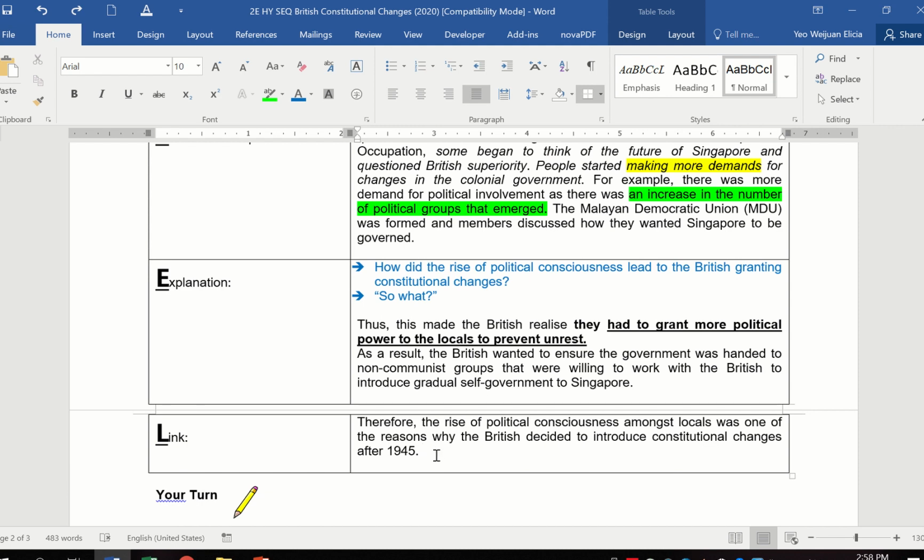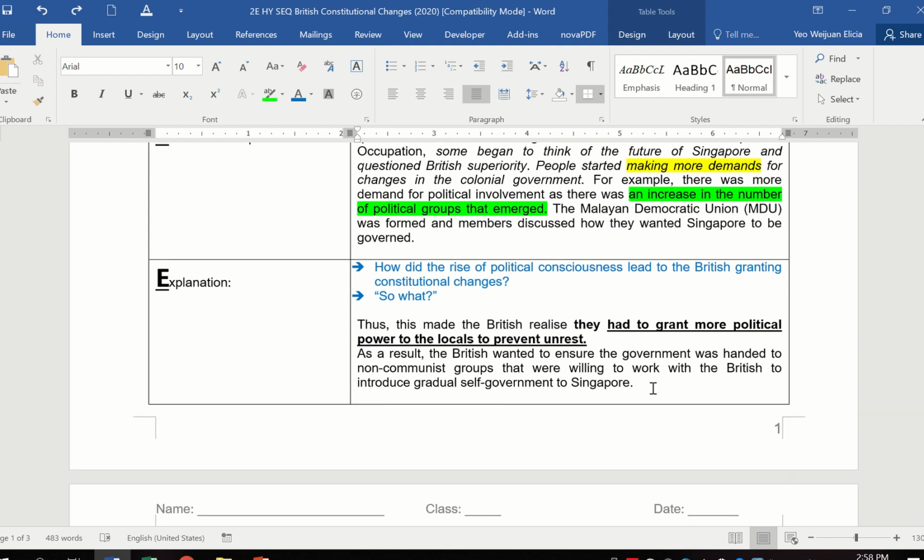In here you will see that it is pretty much like a short conclusion, but yet it is a conclusion that you should have, because if you were to end your answer here, the marker would not get what you are trying to say.